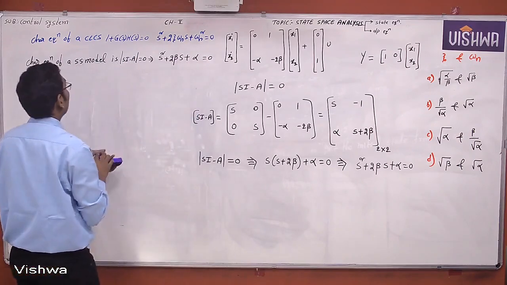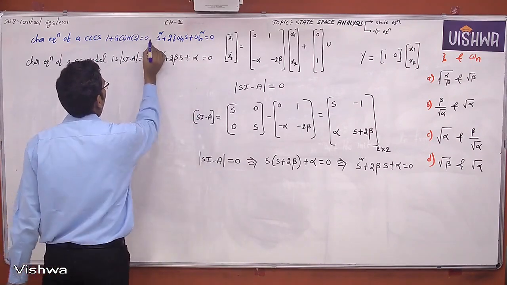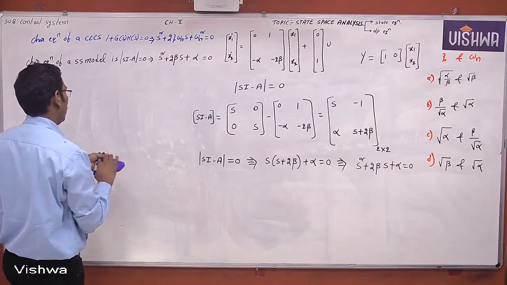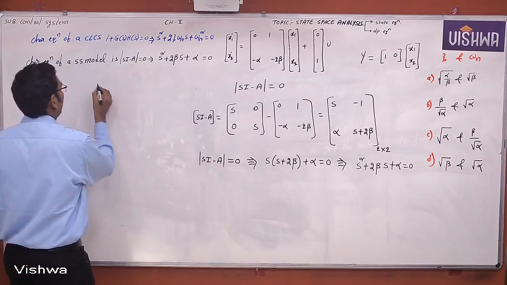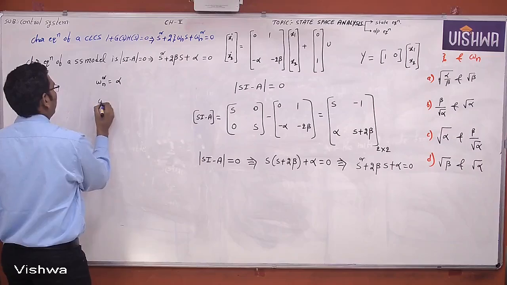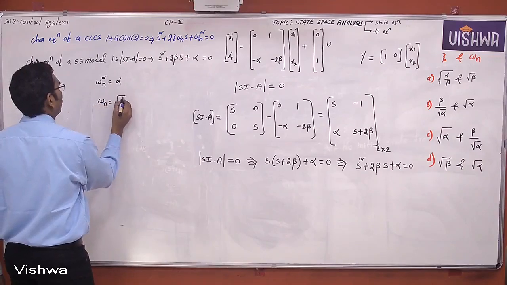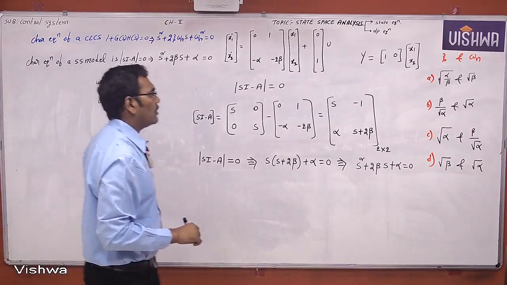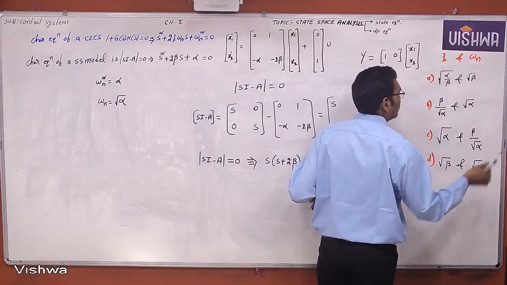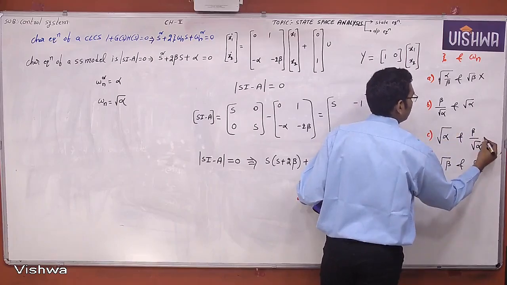This is the characteristic equation of a closed loop control system, and this is the characteristic equation of a state space model. Then if you compare these two, omega n square equal to alpha, therefore omega n equals root alpha. Root alpha is only in these two options. Therefore this is the wrong option, and this is also the wrong option.